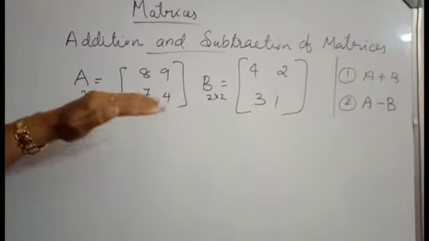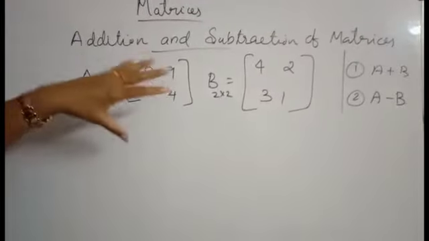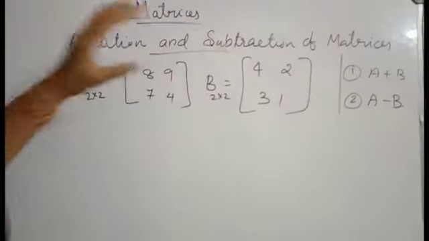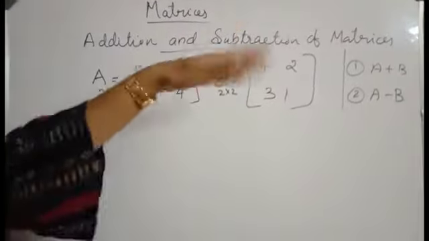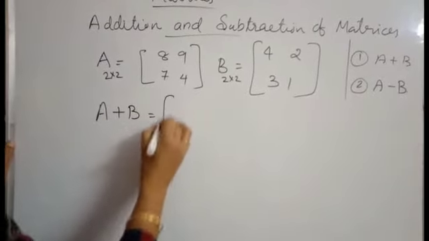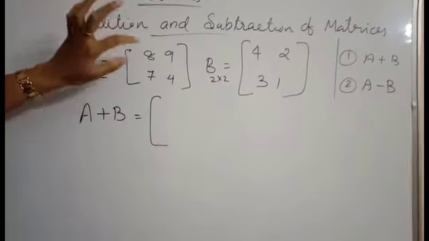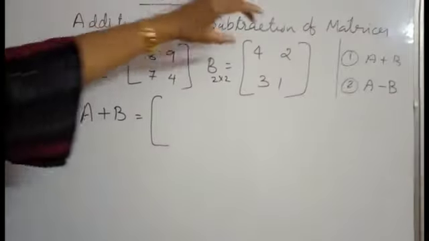Whenever we are adding or subtracting matrices, we have to add the corresponding elements of each matrix. Let's consider A plus B. The number corresponding to 8 is 4.